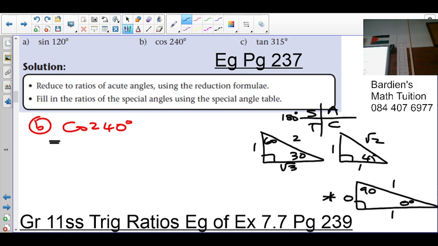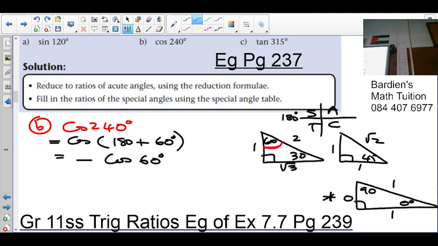So we said it's in the third quadrant. How do we get into the third quadrant? 180 plus 60. Is cos positive or negative in the third quadrant? Negative. So I write negative cos 60. How do you work out cos?